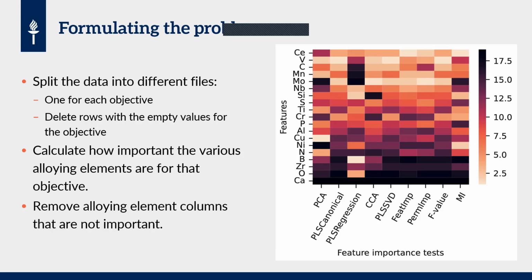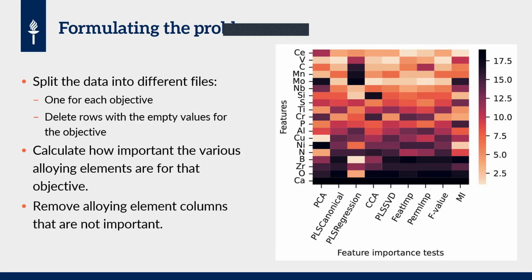According to a bunch of tests like calculating the F value or the mutual information importance, all of these tests, by the way, you can find out more details about this in the scikit-learn documentation. All of these tests, I used the scikit-learn package to do all of them.